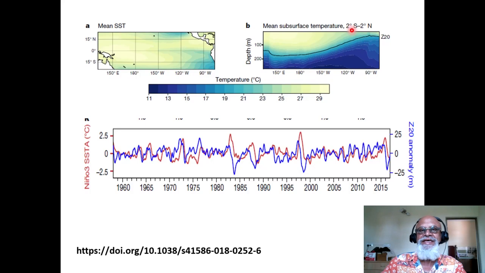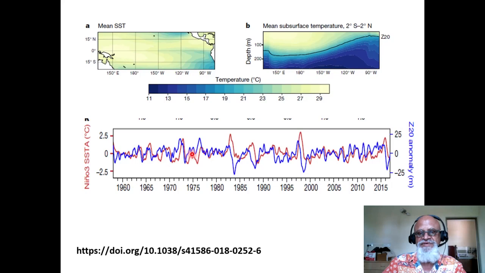Typically, you look at averages over 2 south, 2 north, or 5 south, 5 north, or something, depending on what you are trying to argue. Here we are looking at the Nino 3 SSTA in degrees centigrade, going from minus 2.5 to 2.5, and the 20-degree isotherm depth anomalies going from minus 25 meters to plus 25 meters.